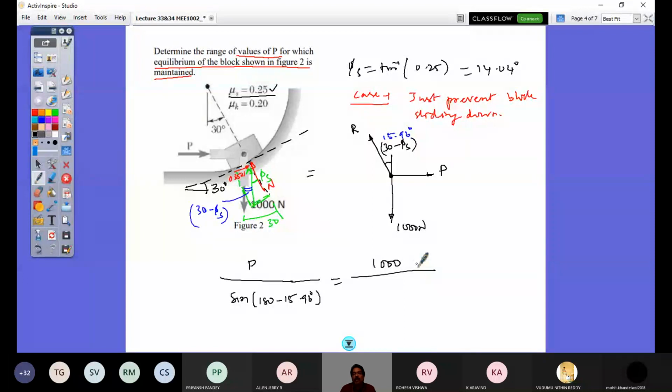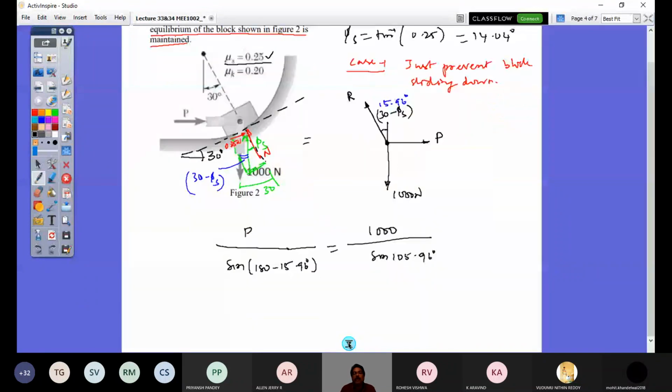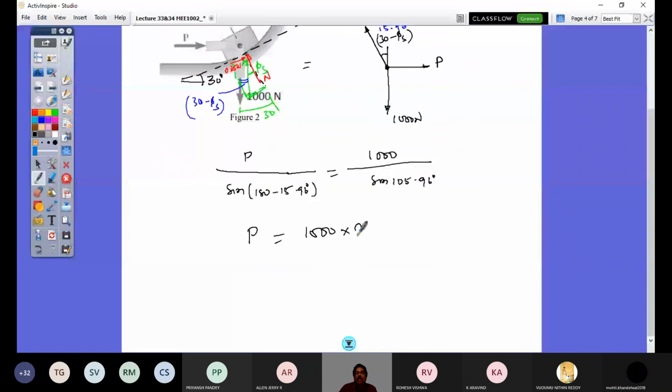So this solves for P straight away. So P value would be 1000 into sine of 164.04 degrees divided by sine of 105.96 degrees. So solving this, I get 286 Newton.